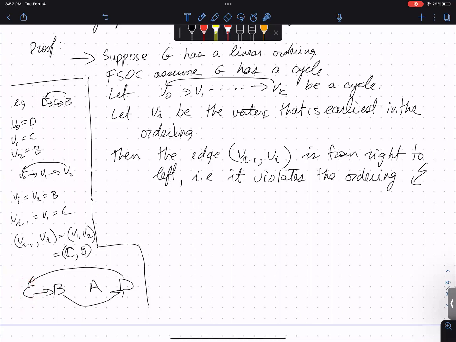It really just depends on the ordering. That's why we can't use this example to prove that. That's why we have to be more formal and say for any ordering, there's going to be some first vertex. We're going to call it Vi.